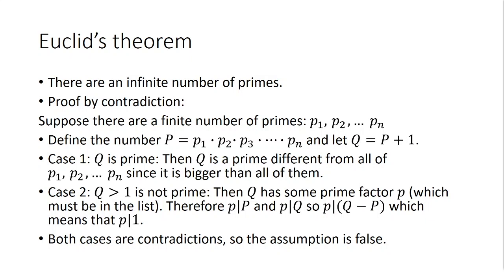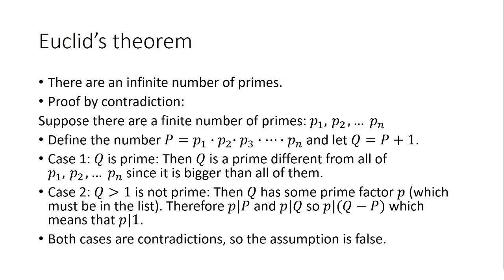In the first case, Q is prime, then Q is a prime different from all of p1 through pn because it is greater than them. In case 2, Q is greater than 1 and it's not prime.